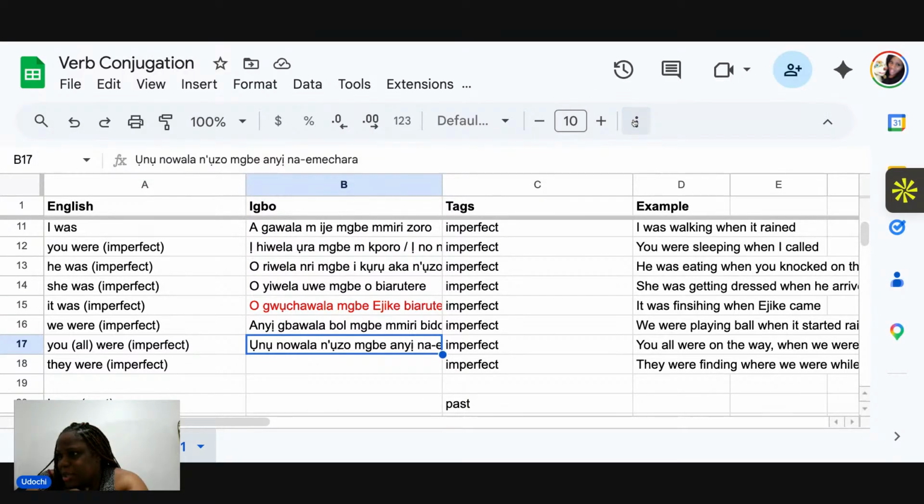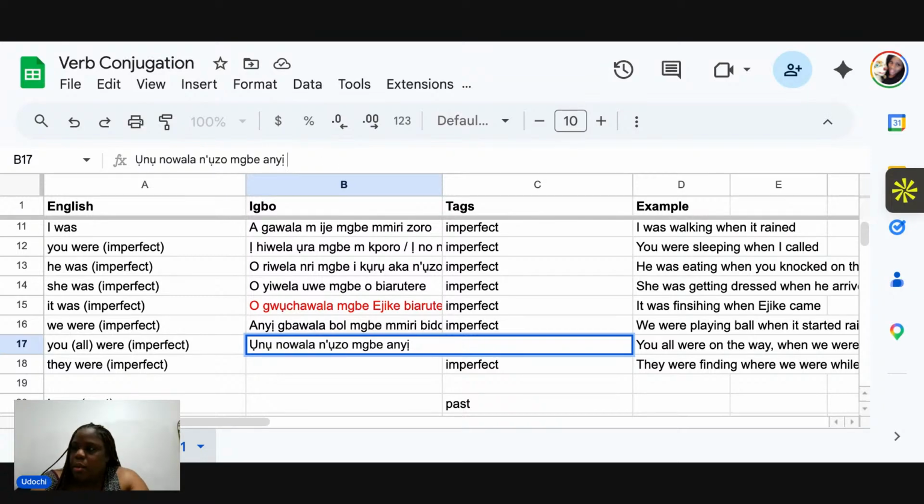So it's not mechara. Mgbe anyị mechawala. I think that's what it is.